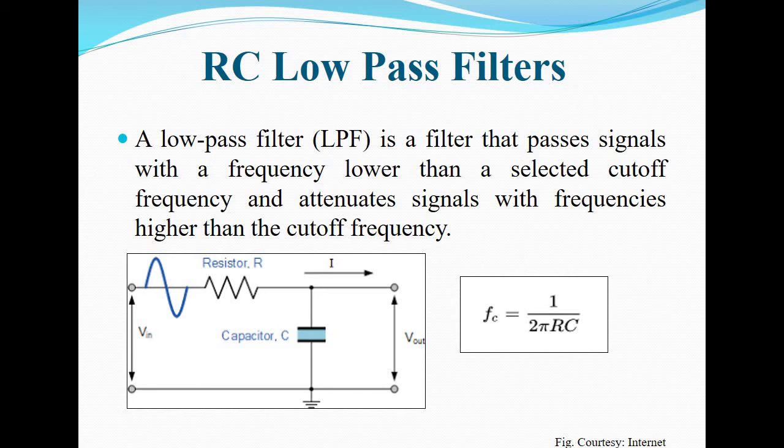Now the band of frequencies which will pass through the filter is called the pass band. Remember that through the pass band only the frequencies that are required are passed. Again I repeat, the band of frequency which will pass through the filter is called the pass band, and the band of all remaining frequencies is called the attenuation band.